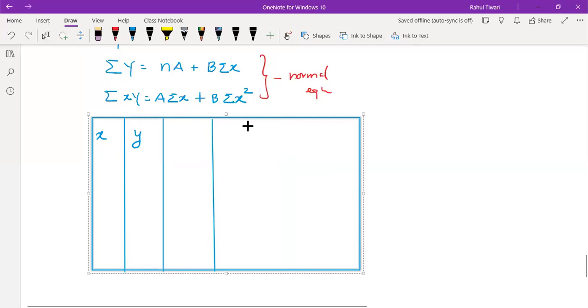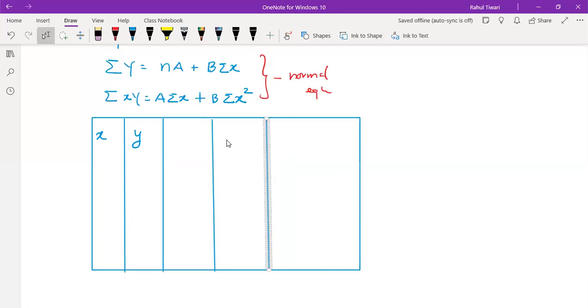So this is my x square, this is my x into y.